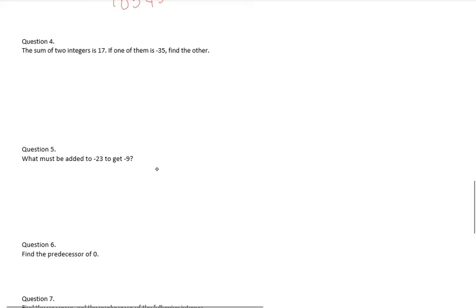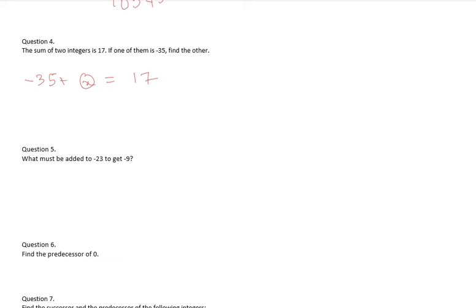The next question is: the sum of two integers is 17 and one of them is minus 35. You will get to know how to do linear equation sums, but I'm just giving you a hint. Minus 35 when added to a number, suppose x, I'm getting 17.